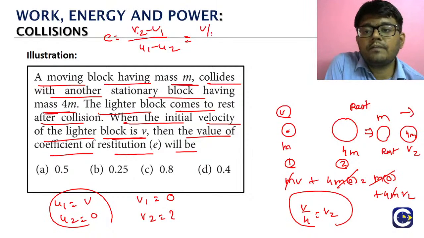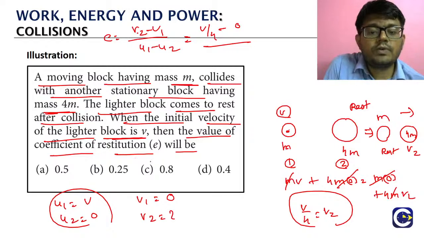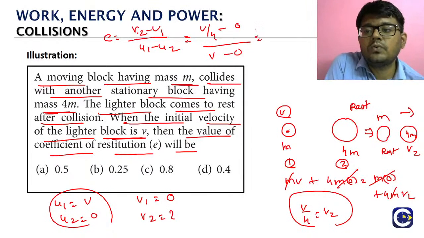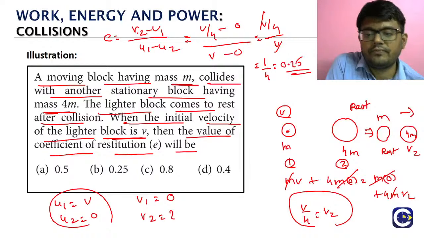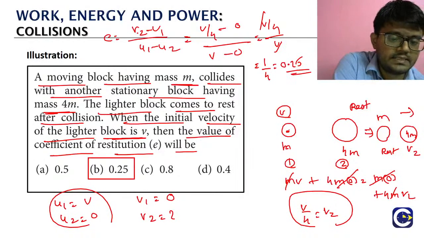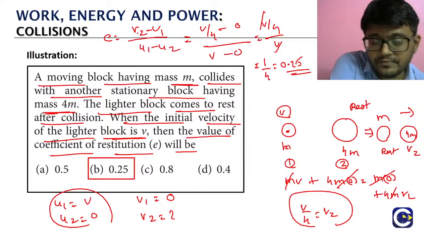V2 is v by 4, minus V1 which is 0, divided by U1 which is v, minus U2 which is 0. So v by 4 divided by v is 1 by 4, which is 0.25. So the answer for this is 0.25.